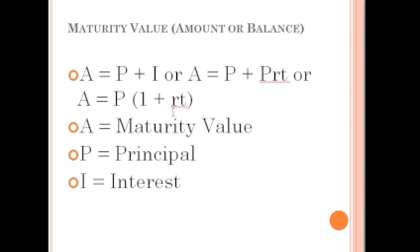Since the common variable there is P, we put it outside of the parentheses. So P times 1 is still P, and P times RT is PRT. And A here is the maturity value, P is the principal, and I is the interest.